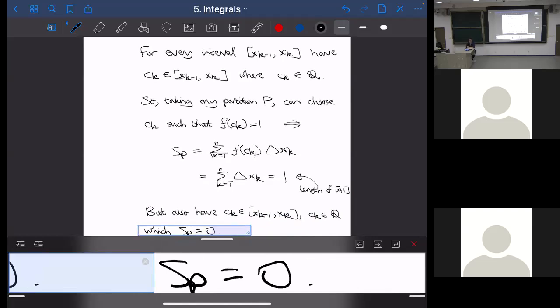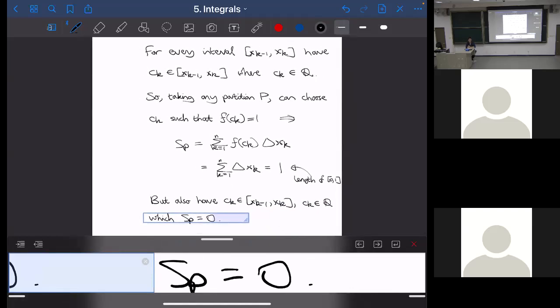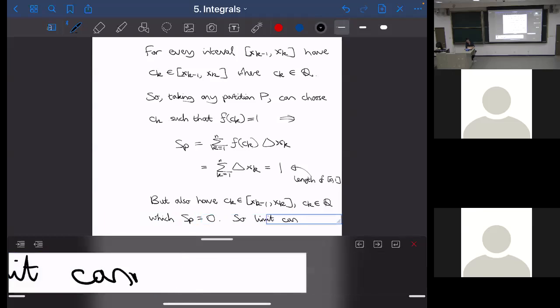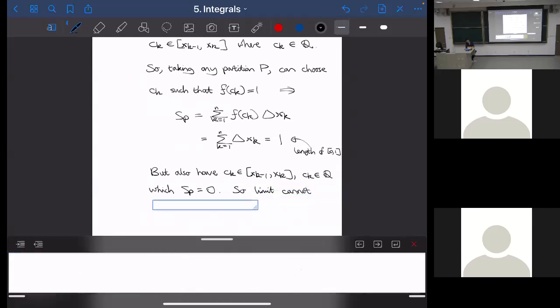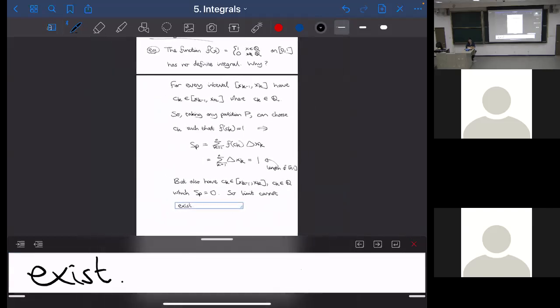And by the definition of the limit, if it exists, then the Riemann sums have to be close to something. However, we pick the partition and the c_k's. So the limit cannot exist. So that shows that not all functions are integrable.